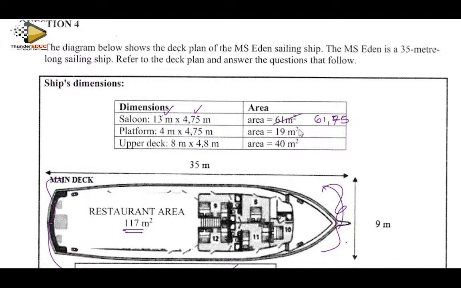Then we come to the second one, 4 times 4.75. It's 19. This is fine. We come to 8 times 4.8. We have 38.4 meters squared. This is wrong.